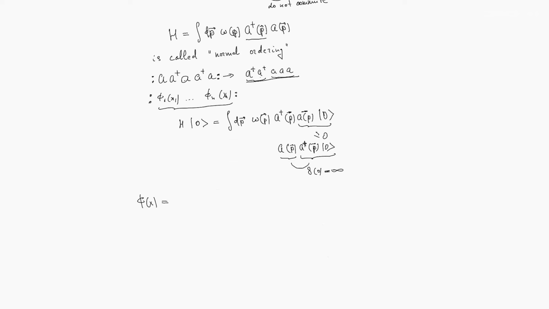So first of all, you have this measure factor, if you write it with all the h bar and c constants, and then there is 2 omega of p, and then the creation operator a dagger of p, exponential i over h bar (Et minus px), plus a of p, exponential minus i over h bar (Et minus px).